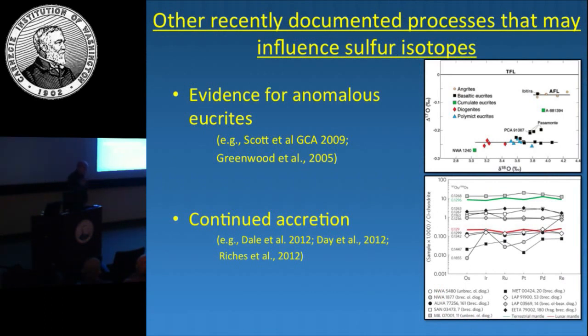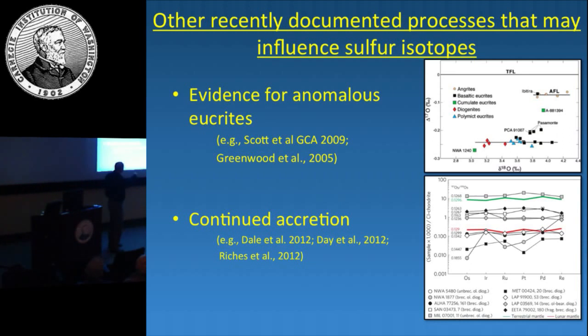But the big question then is, what about the achondrites? And the achondrites themselves have some interesting features associated with them. One of the groups of achondrites are the eucrites, and the eucrites themselves, recently work by Scott and Greenwood and others, have found that eucrites, which are basaltic meteorites, very, very common, a large number of them thought to come from Vesta, have a very tightly constrained cap delta 17O, which indicates they come from a single planetesimal.